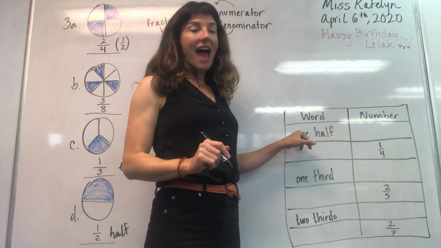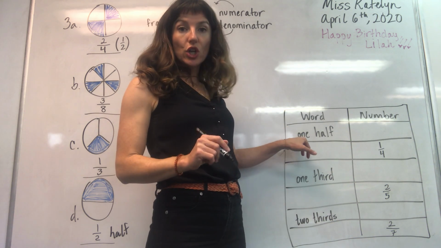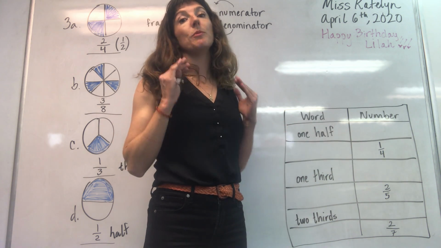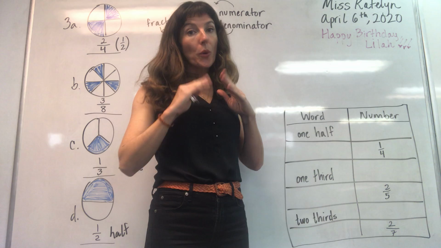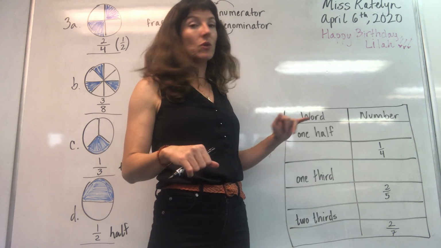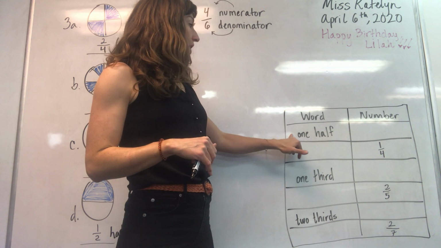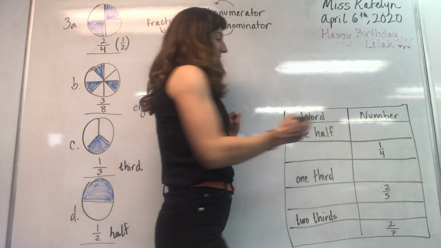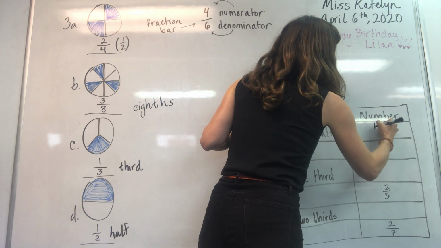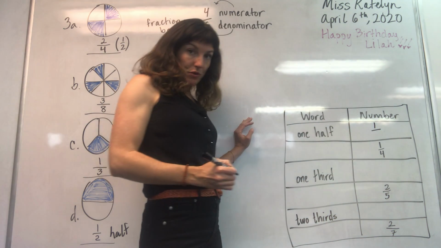So here we go. 1/2. The first word will always be your numerator, and the second word will be your denominator, okay? We know that the word one means 1, so we put that on the top as our numerator.